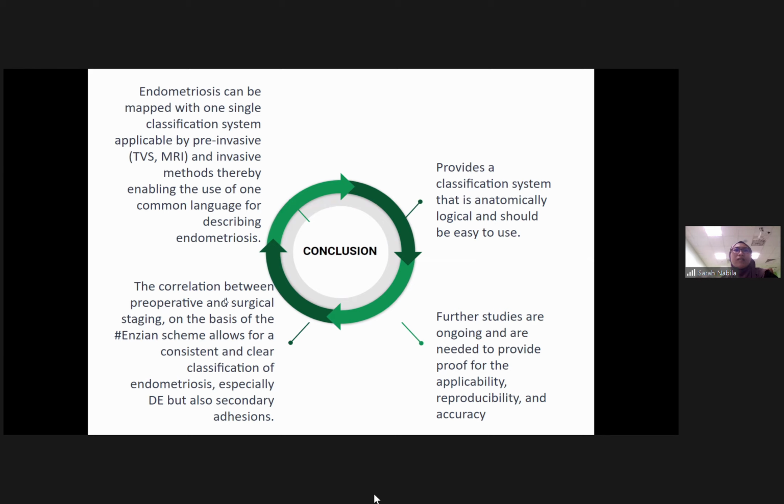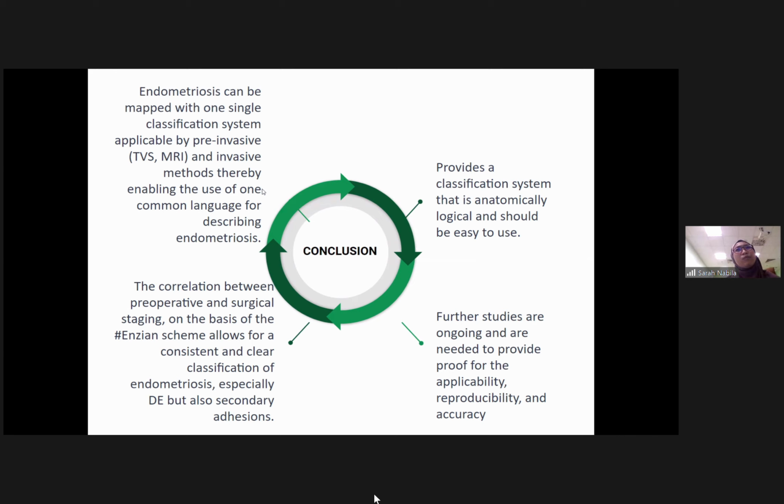And thirdly, the correlation between preoperative and surgical staging on the basis of the ENZIAN scheme allows for consistent and clear classification of endometriosis, especially deep endometriosis, and also secondary additions to it. And fourthly, endometriosis can be mapped with one single classification system by non-invasive methods, which are ultrasound, TVS, and MRI, and also the invasive method during surgery. So this is used as a common language for describing endometriosis.